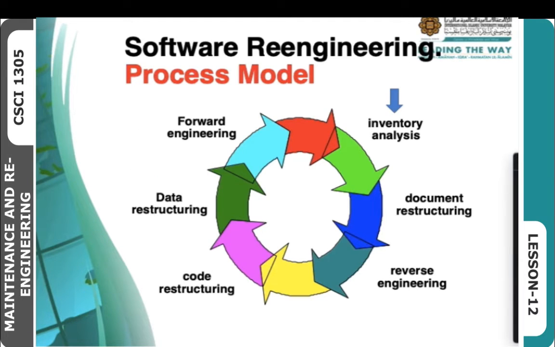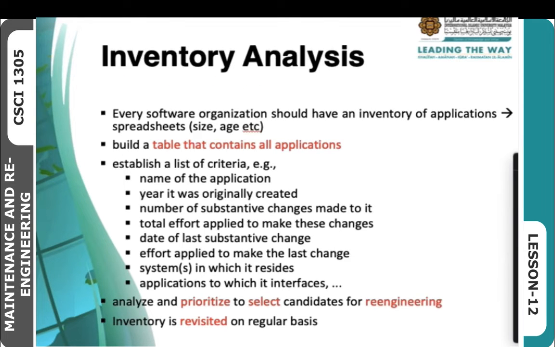Okay, the software engineering process model has 6 steps here, which are inventory analysis, document restructuring, reverse engineering, code restructuring, data restructuring, and forward engineering. Okay, let's see what inventory analysis is. Inventory analysis means every software organization should have inventory application spreadsheets, which record all of the necessary information about the applications they have in the organization.